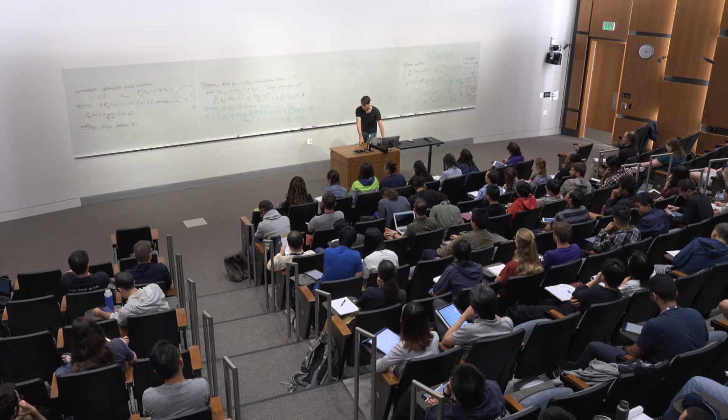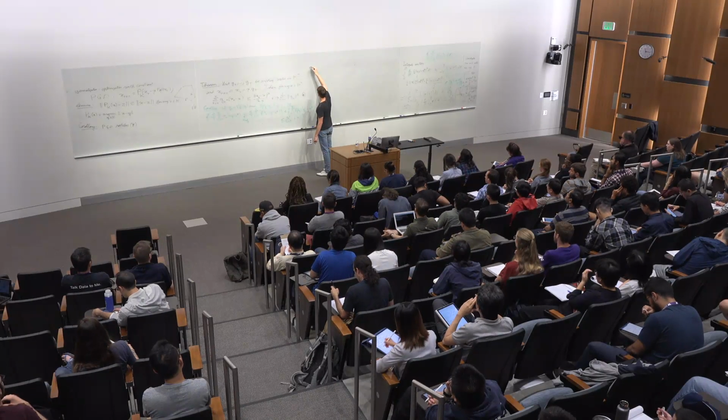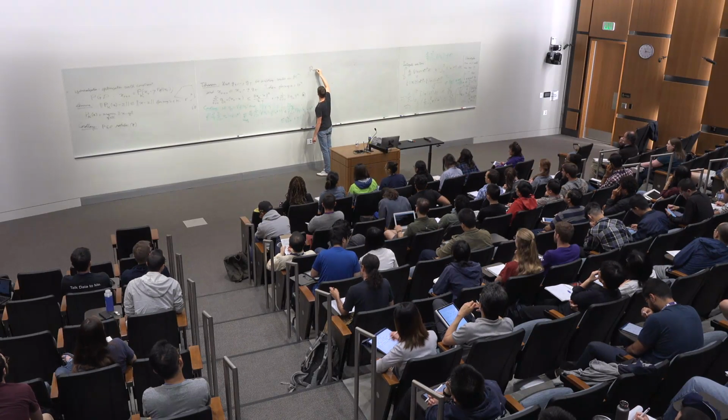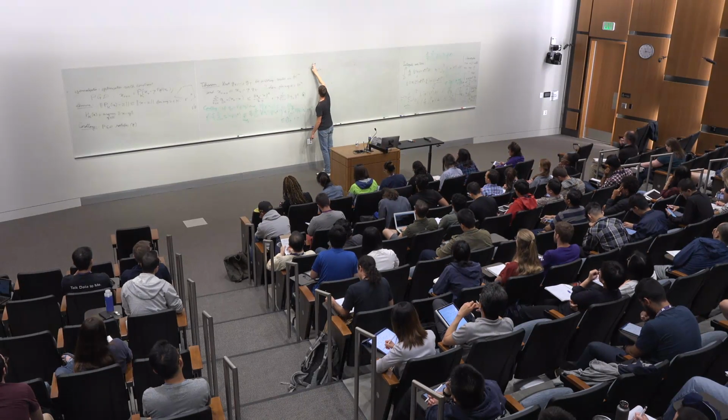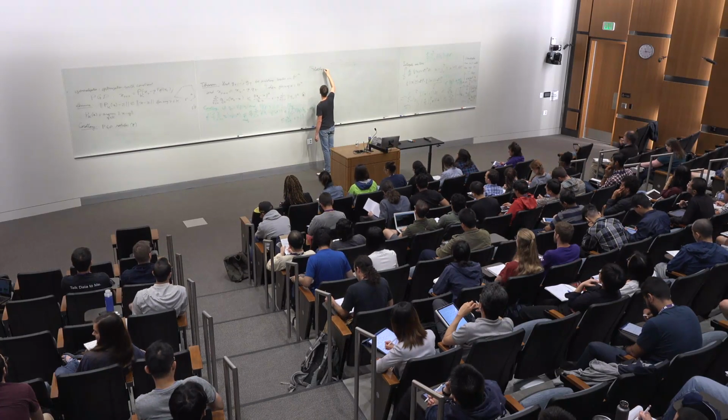Okay, so randomized, or how do I want to call it? Stochastic, let's just call it stochastic. Stochastic gradient descent.